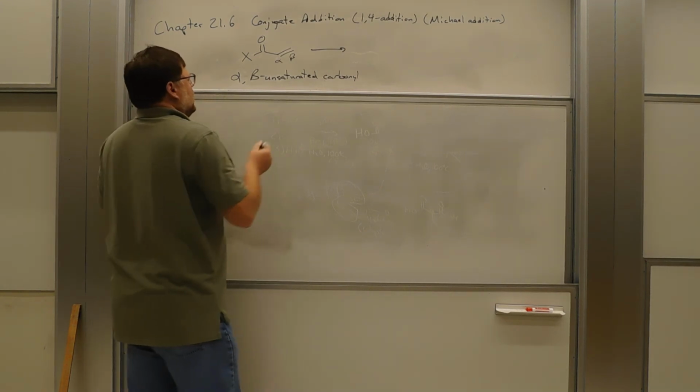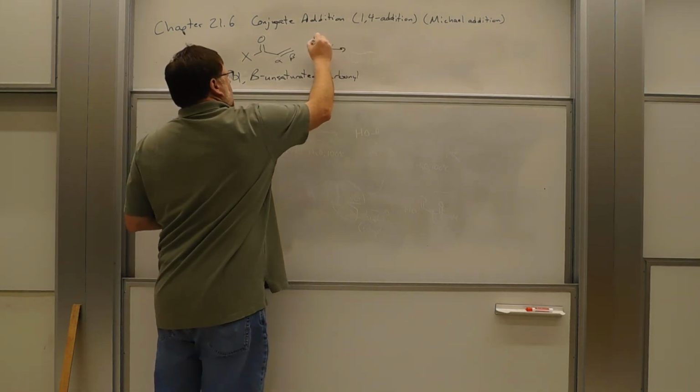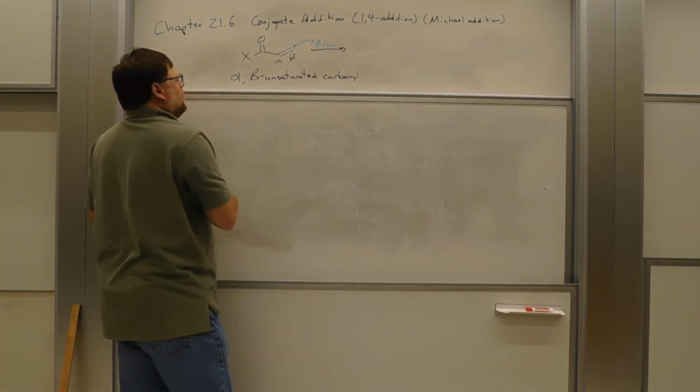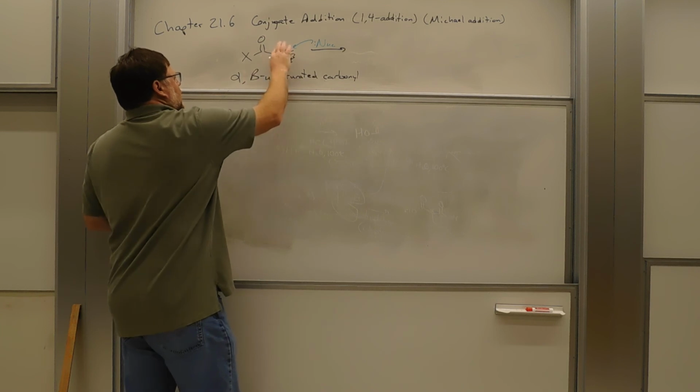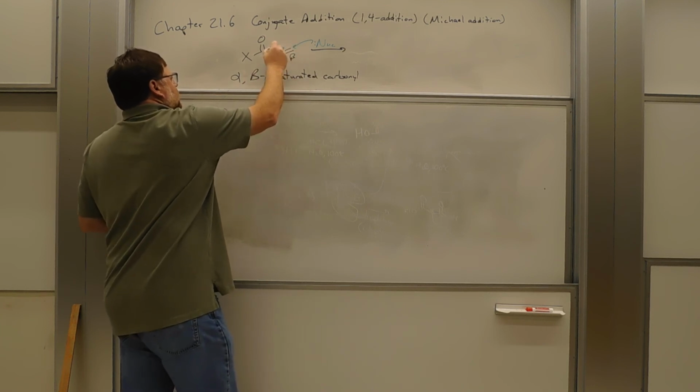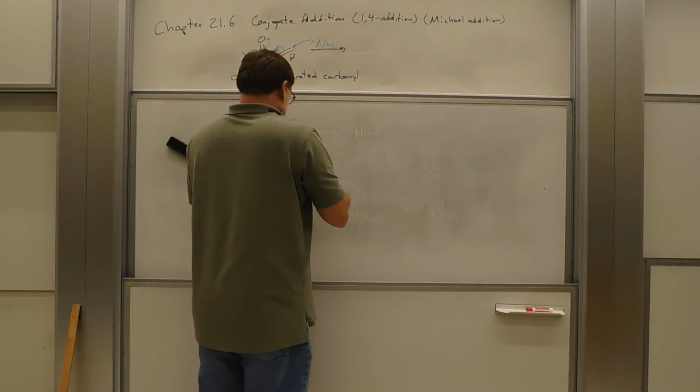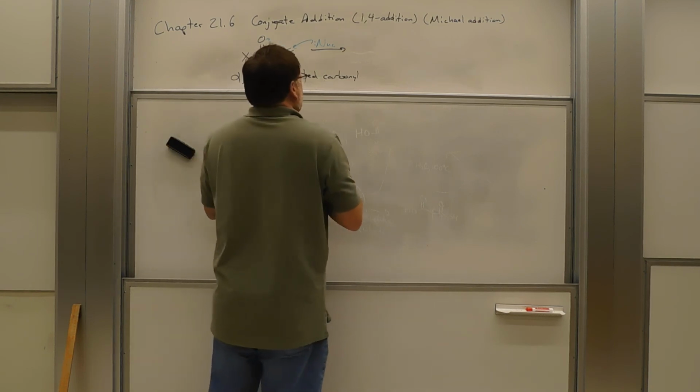All right, and the reaction is a nucleophile is going to add here. Okay, and why is that allowed? Well, you get an enolate out of it. Let's draw the whole thing. So the product ends up looking like this.